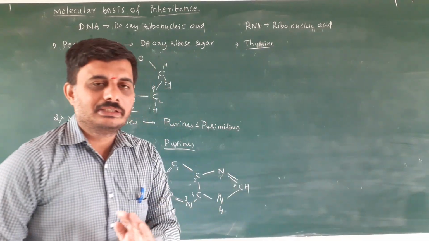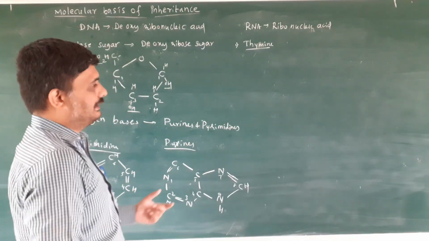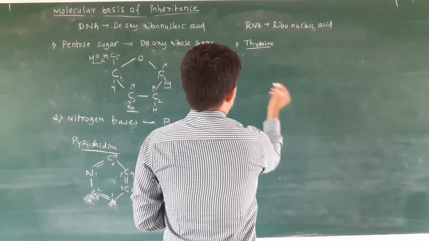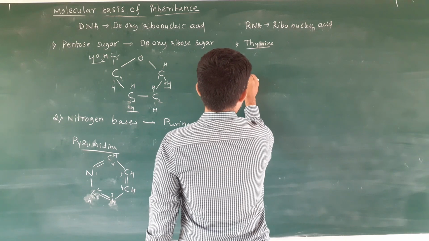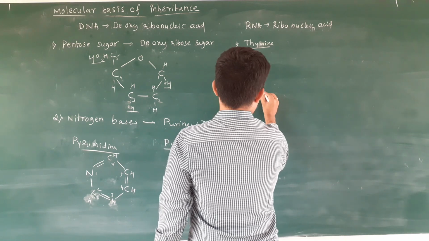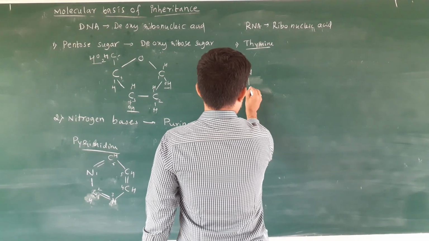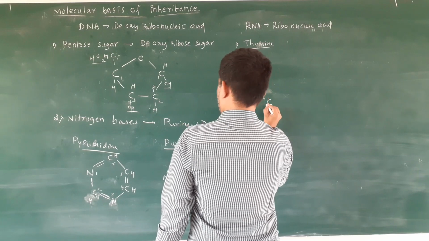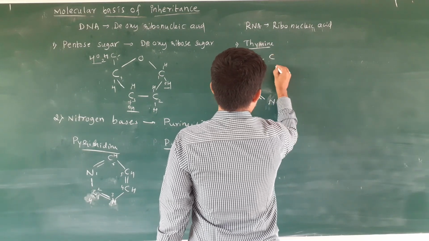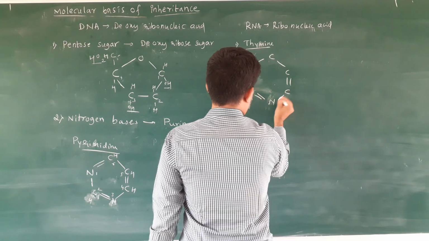Thymine is a pyrimidine which is present in DNA, along with cytosine. So what is the structure of thymine? Again, the basic ring structure: N, C double bond N, C double bond N, C double bond C single.